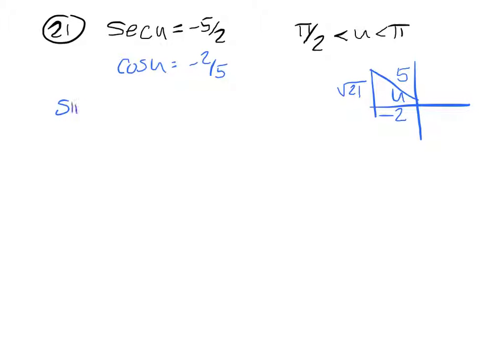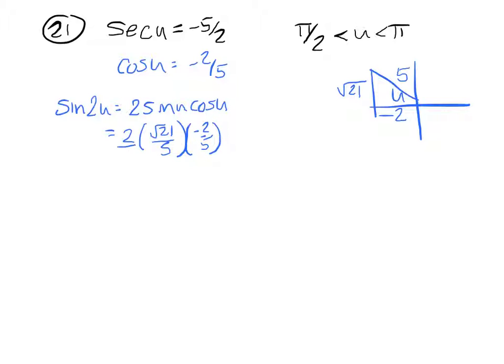So then I find the sine of 2u, so that would be 2 sine u cosine u, which would be 2 times sine of u, which is root 21 over 5, times cosine of u, which is -2 over 5. This will be over 1, and I multiply across the top, I'll get -4 root 21 over 25.